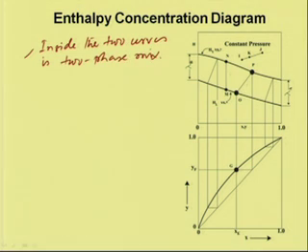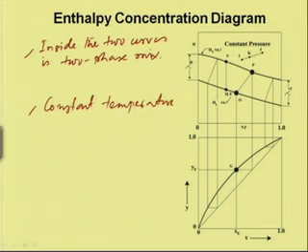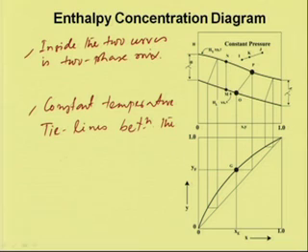Sometimes between these two curves, constant temperature tie lines between the vapor and liquid curves are provided.